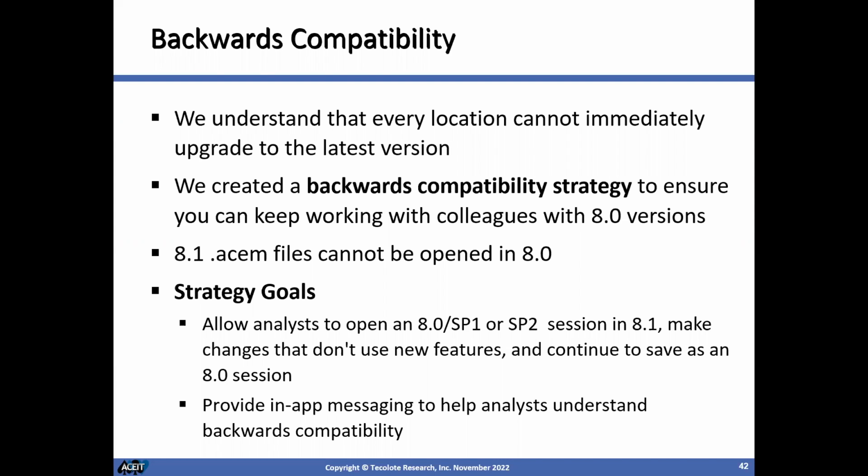So what we've done is create a backwards compatibility strategy, designed to help people work with their colleagues, and we decided to use versions of 8.0. So I can't go back and help people that are still in the 7 series.